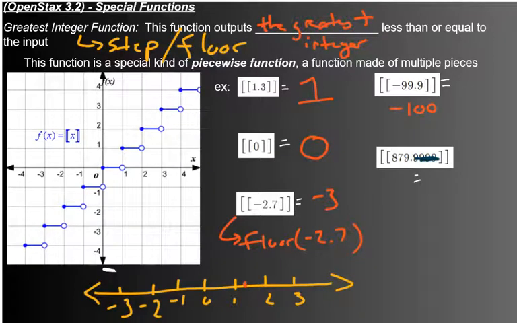So when I had 0.999, I could have even an infinite amount of 9s there. It always just chops that off and rounds down. So 879 is what that thing would equal. But that is a floor function, and it is really just a special kind of piecewise function.